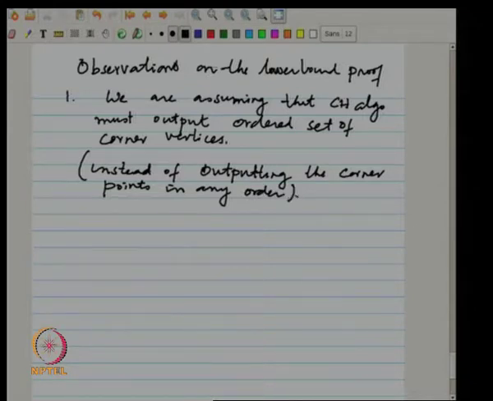Suppose my convex hull algorithm was not required to produce these vertices in counterclockwise or clockwise order, but just: here is a set of points, tell me what are the corner points. If my convex hull problem was specified like that, this lower bound will not hold.